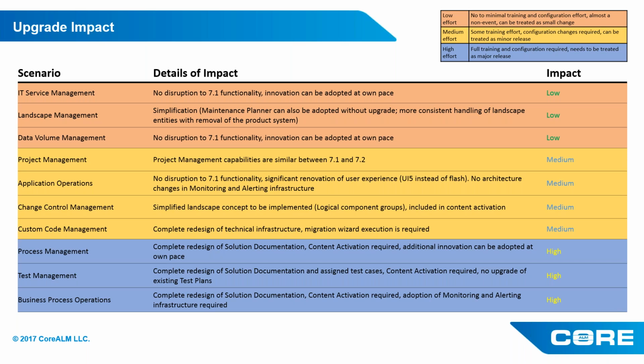If you're using process management, test management, or business process operations, as we mentioned, those are the areas that get impacted the most. And out of those three high items, process management, I would say, has experienced the highest impact. With that said, in the next few slides we're going to talk about what you need to pay attention to when it comes to process management specifically when you're doing the upgrade.